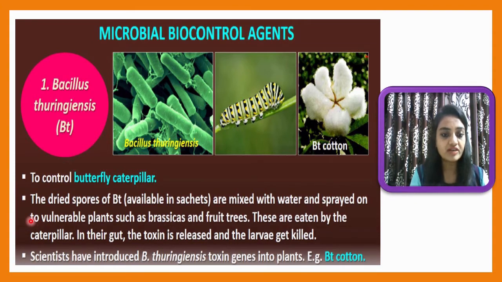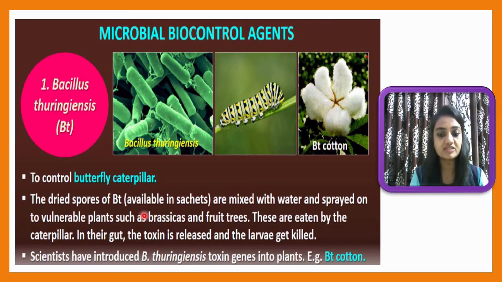It is sprayed on vulnerable plants such as brassicas and fruit trees, and these are eaten by the caterpillar. In their gut, the toxin is released and the larvae get killed. In chapter number 12 we will learn how these Bacillus thuringiensis related plants can be obtained and how they can be prepared.